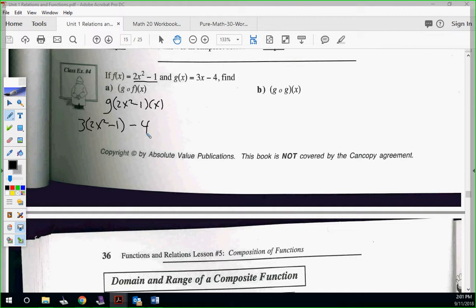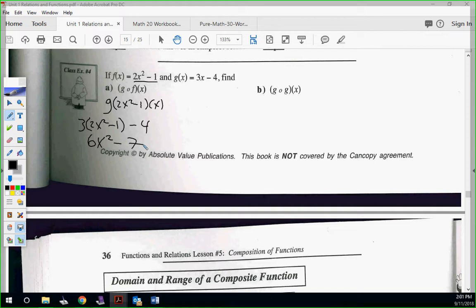So there's the g of f. Three times 2, 6. 3 times negative 1 is negative 3 minus 4, negative 7. So your g of f of x is 6x squared minus 7.